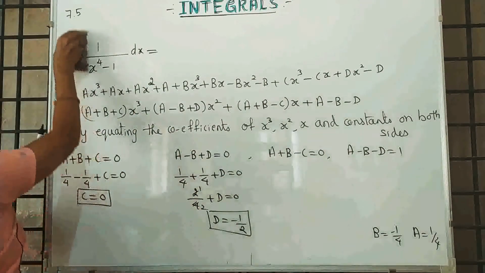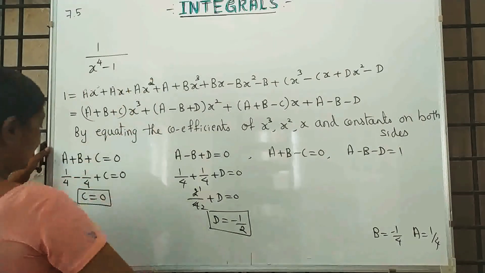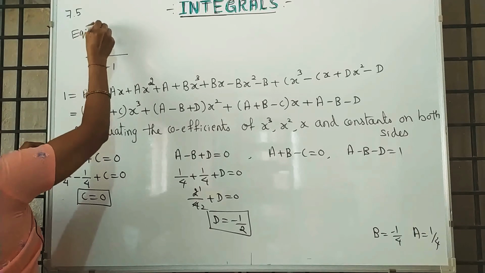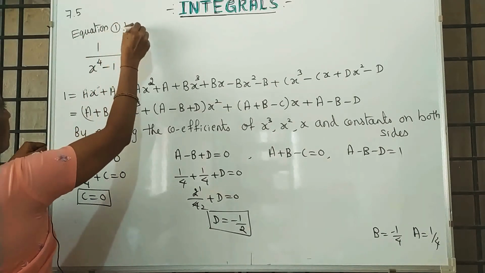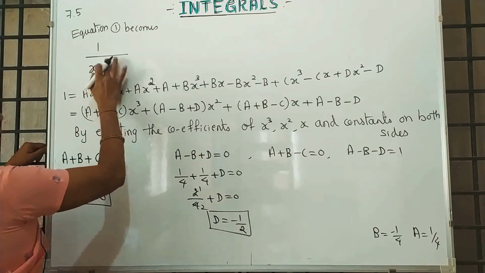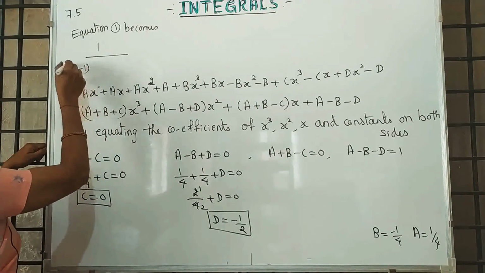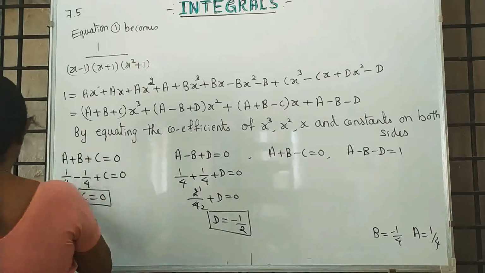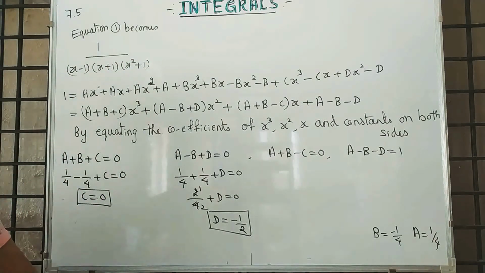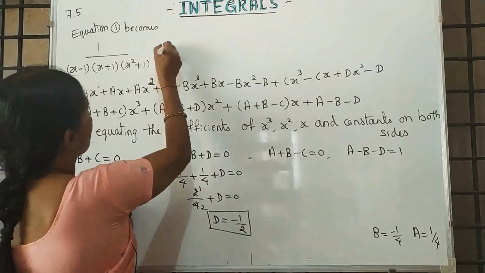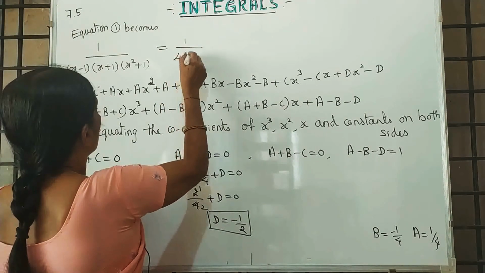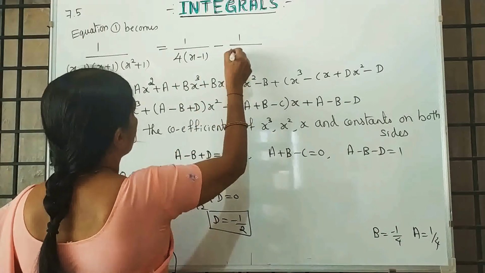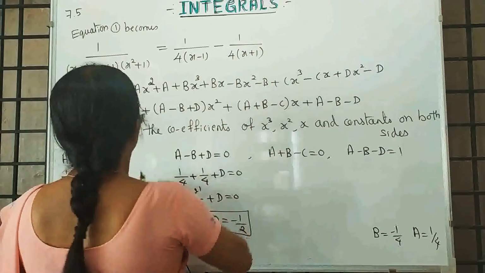Now write down those values in equation 1. Therefore, equation 1 becomes, if you want you can write this left side as x minus 1, x plus 1, x square plus 1. Write down that a value. A is 1 by 4, 1 by 4 into x minus 1. B is minus 1 by 4, x plus 1.